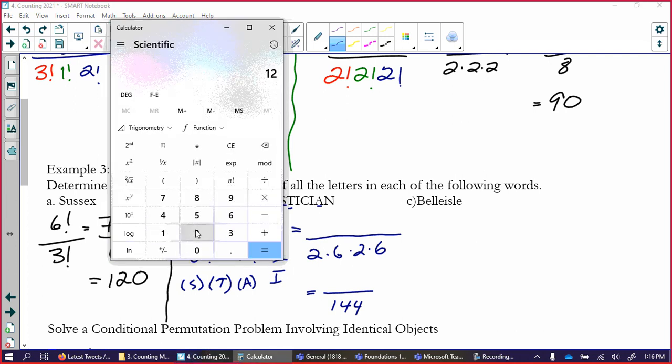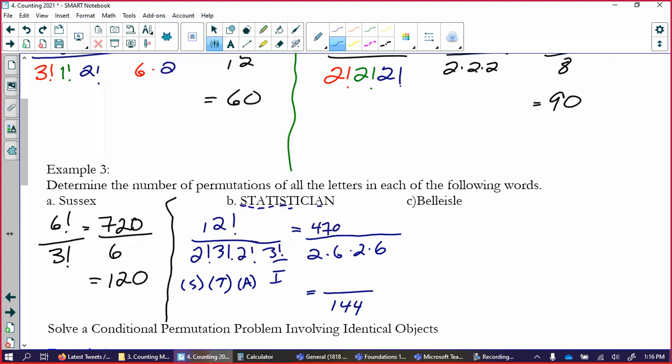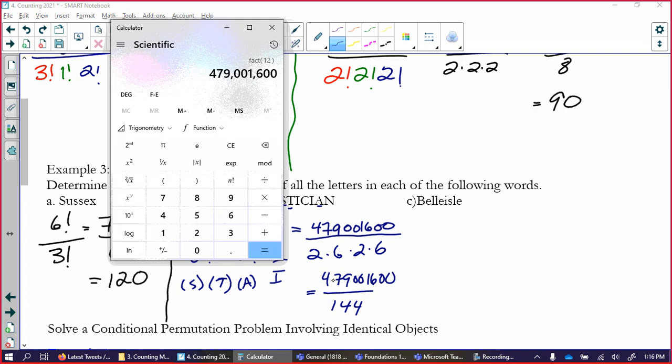It's 3 million times 100 and something. 479,001,600. Hope I did that correct.